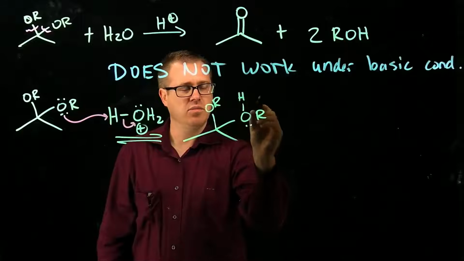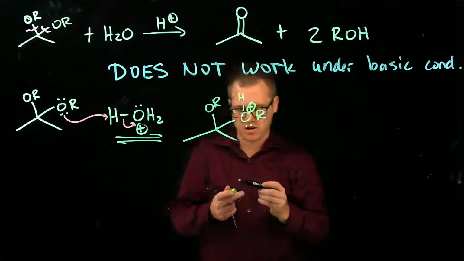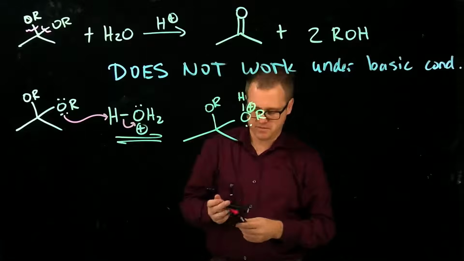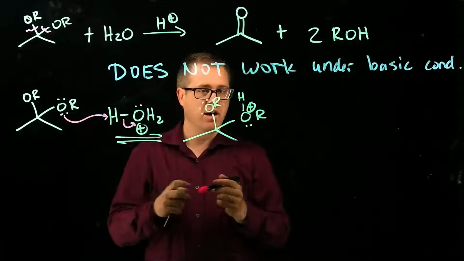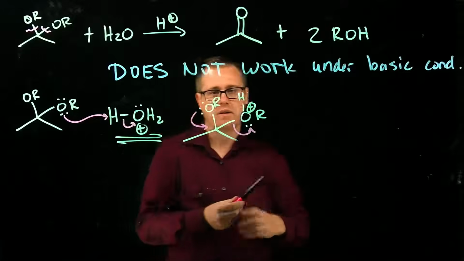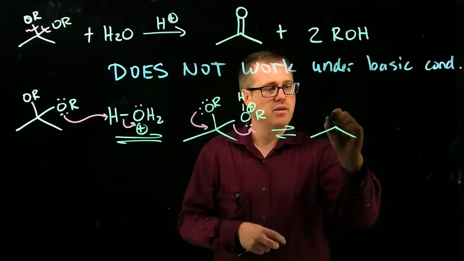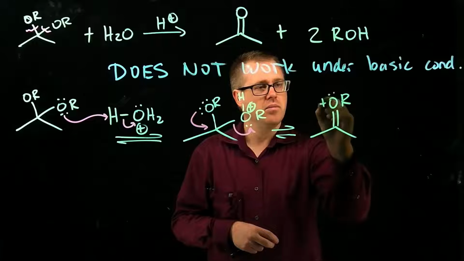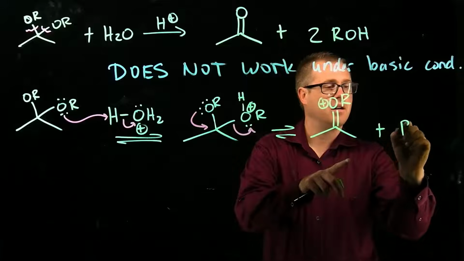Now, why is this so important? Adding that hydrogen there makes it a positive charge, and now it is a good leaving group. So we can take these lone pairs on the other oxygen to help kick this guy off. So now we have a double bonded OR positive, and then we just kicked off the ROH.